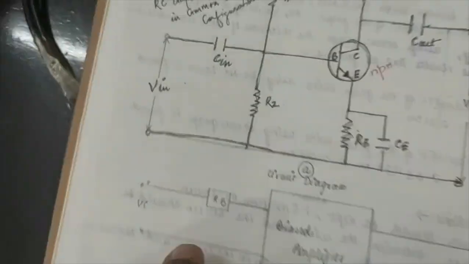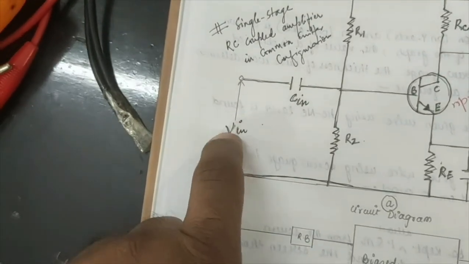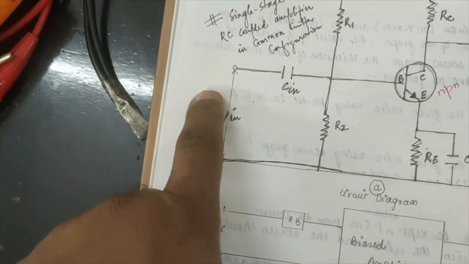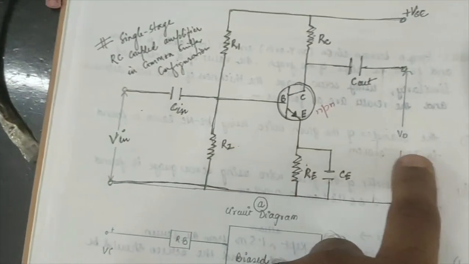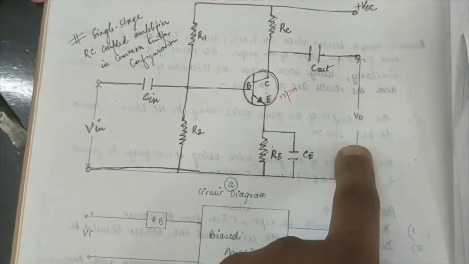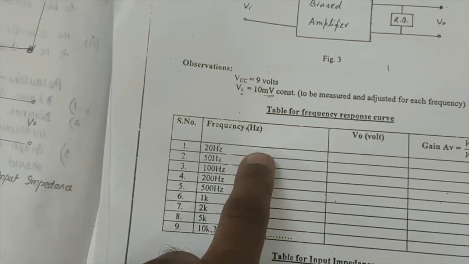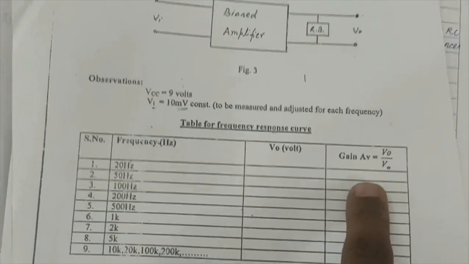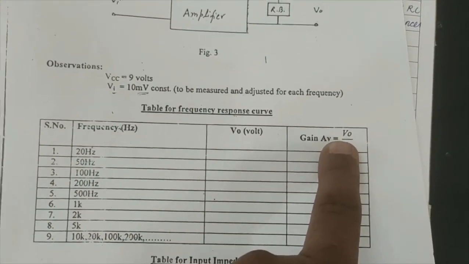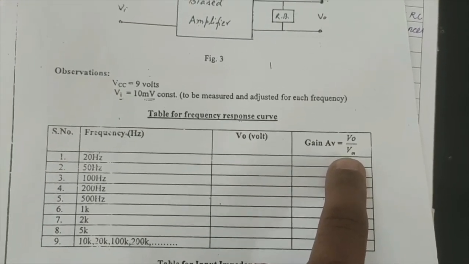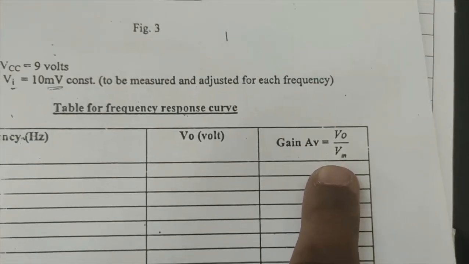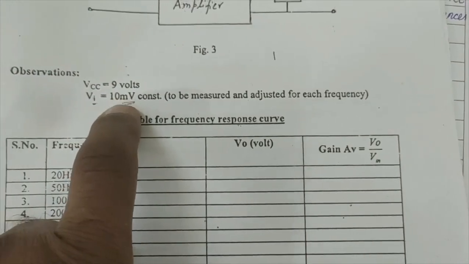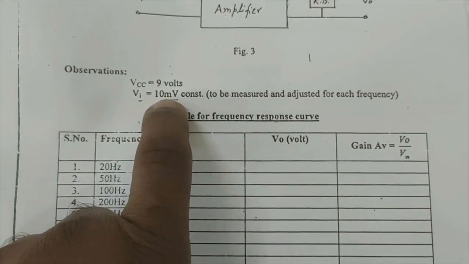The input we are going to give is a sine wave, we change its frequency, and we note the output at this place. So note down the frequency, note down the output voltage, and then calculate the gain, which is output voltage upon input voltage. The input voltage we are going to keep constant, equal to 10 millivolt.